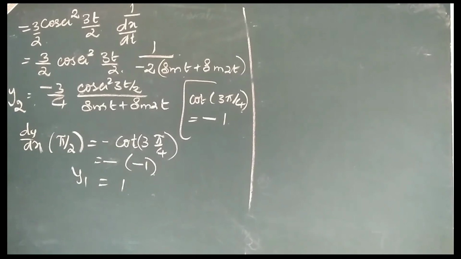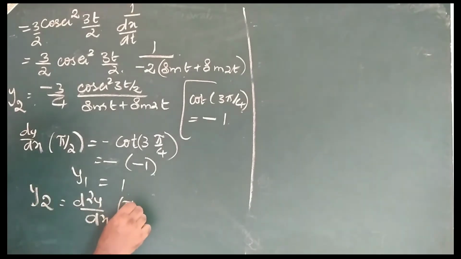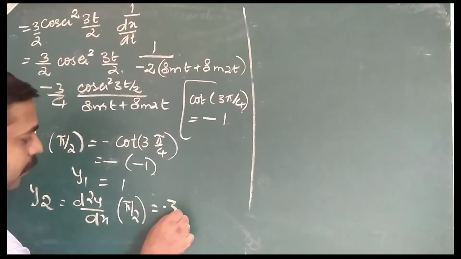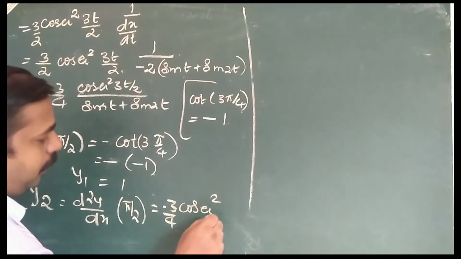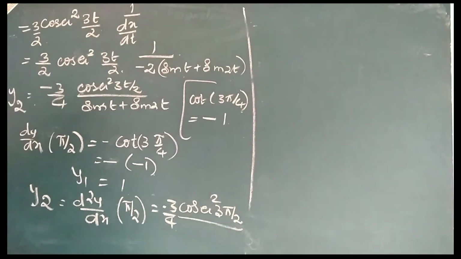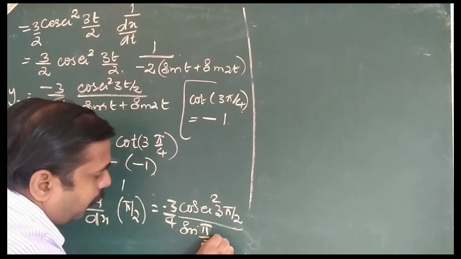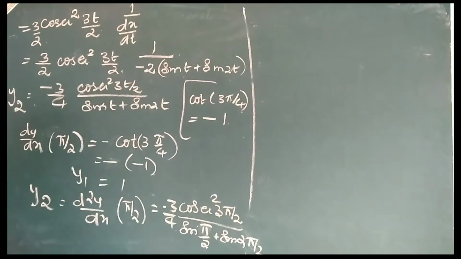Now, y2 equal to d square y by dx square at the point pi by 2. So that is equal to minus 3/4 cosec square 3pi/4 divided by sin pi/2 plus cos 2 pi/2.